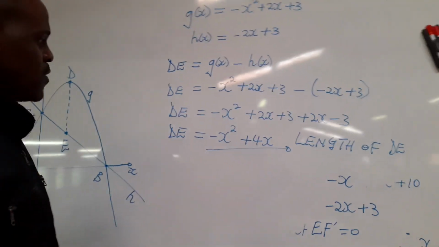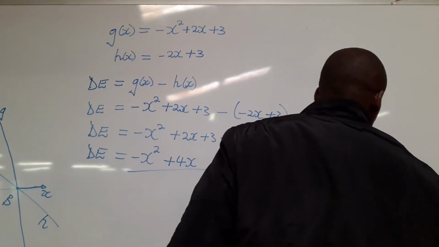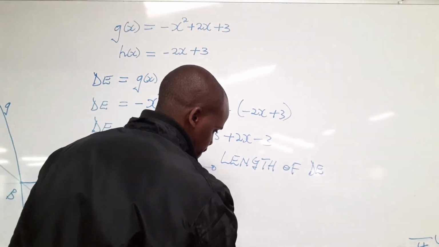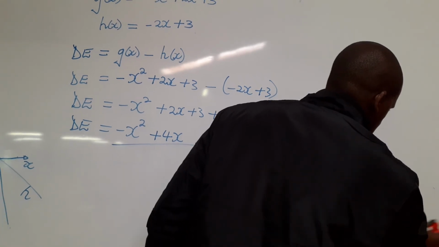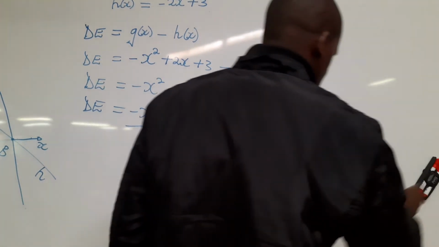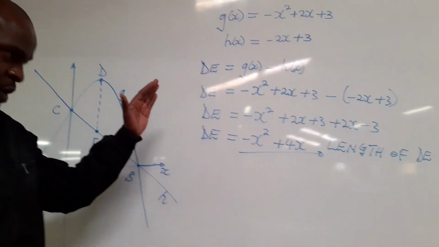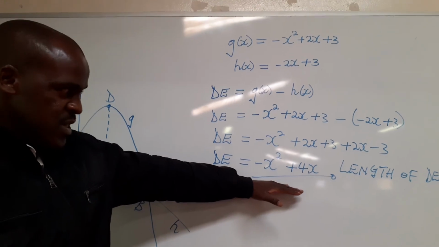Right, let's now find the minimum length of DE. For maximum or minimum, we derive. DE is given by that.